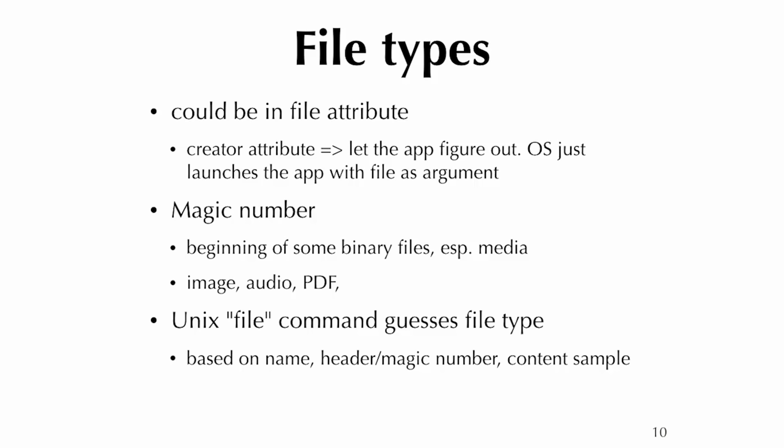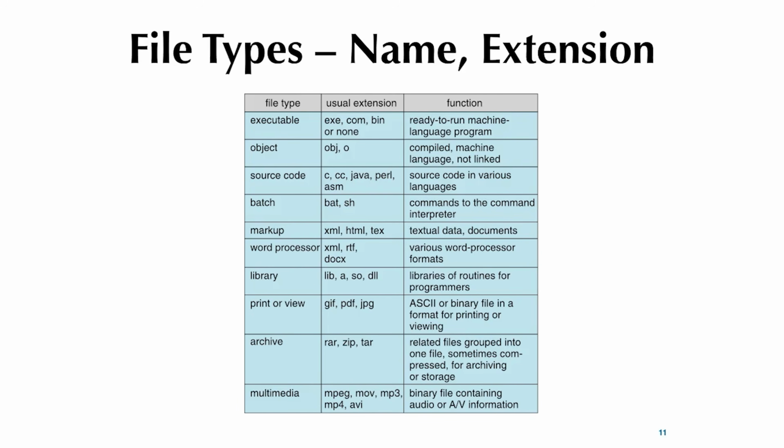So it really is based on a number of different things, both OS specific as well as extension and magic numbers. So here are just some samples of file types and the usual extensions. Executables would have .exe on Windows, .com for DOS, and .bin for some others, or .app on Mac, and a lot of Unix ones don't actually have an extension for executables, but they would have this magic number in front.